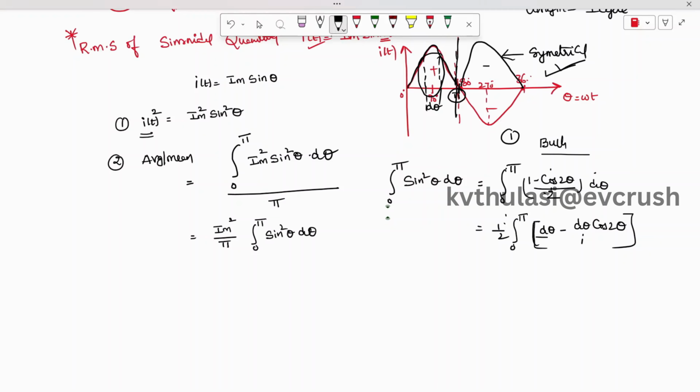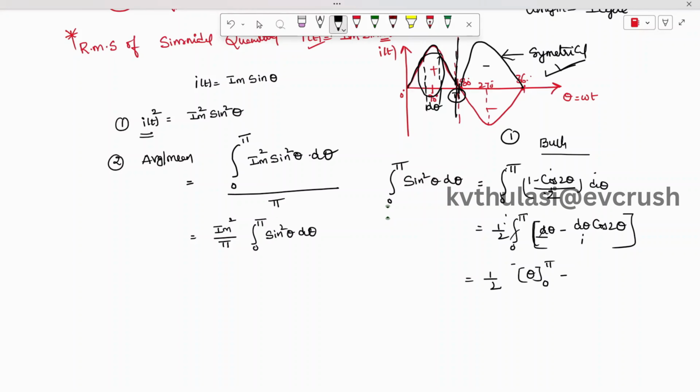So for this, I have to perform the integration, that is equal to 1 by 2 into the integral of d theta, where differentiation and integration get cancelled, theta varying from the lower limit 0 to upper limit pi, minus the integral of this value.